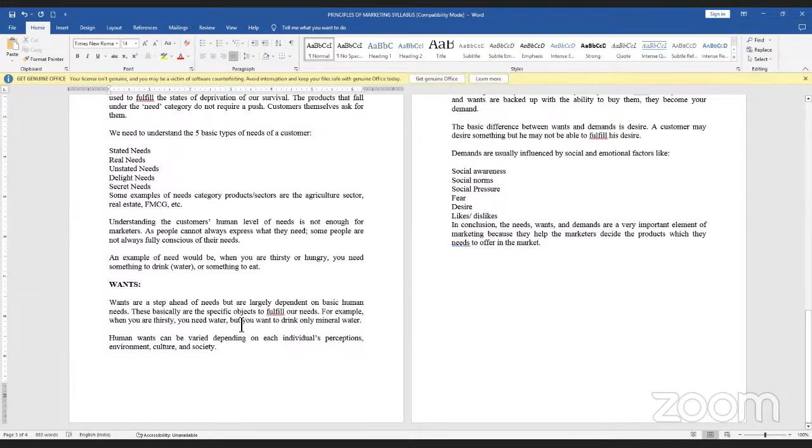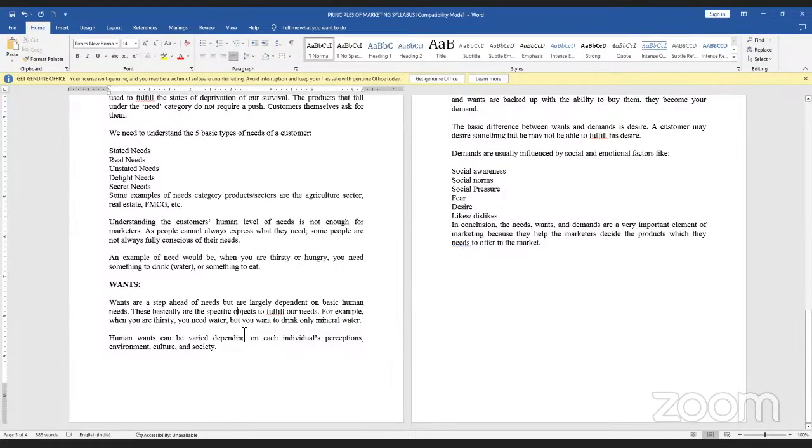Need is an essential thing which is required for your survival, whereas want is a bit higher than that. It means you feel you want to have something based on your perception, your liking.